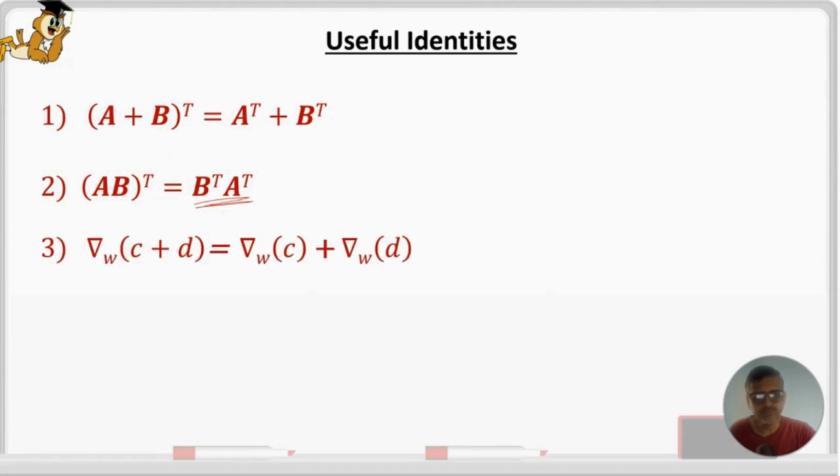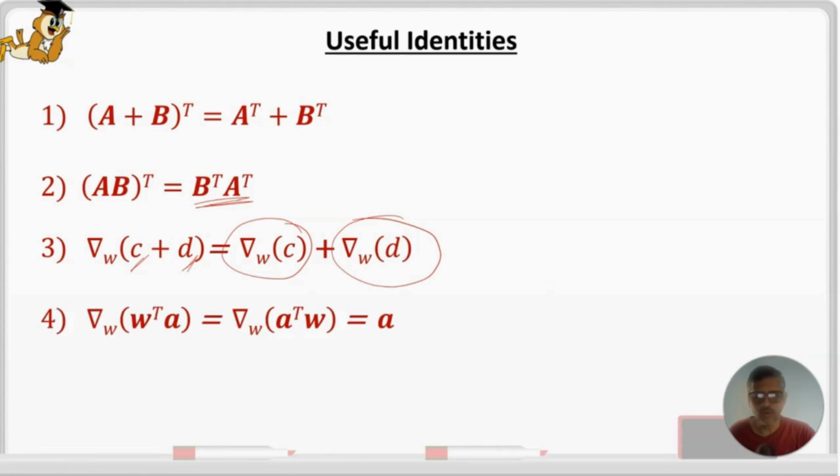Number 3: gradient of C plus D, the gradient of a sum of two quantities, is the gradient of the first quantity plus the gradient of the second quantity. Again, this you may already know. Number 4, important: gradient with respect to W. I'm indicating a small w here so that you understand what the variable is with respect to which you are going to be doing the differentiation.